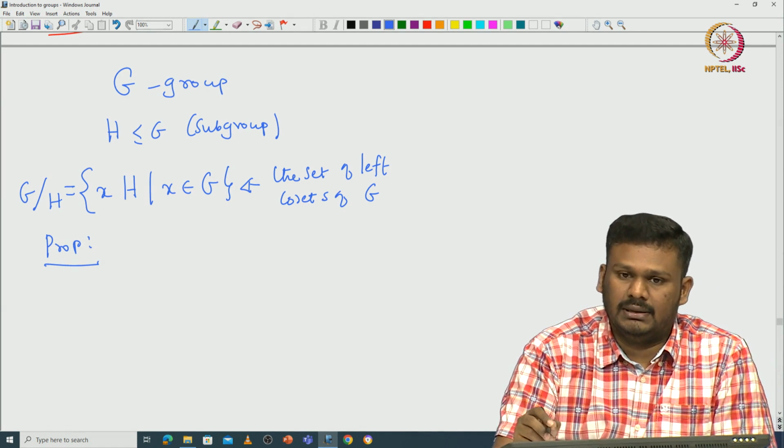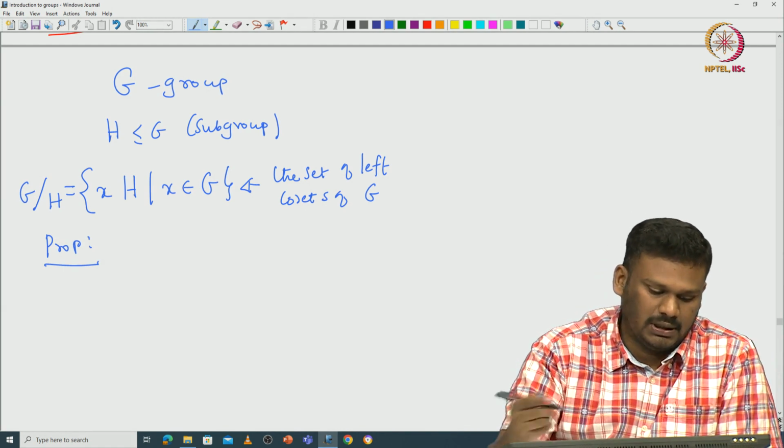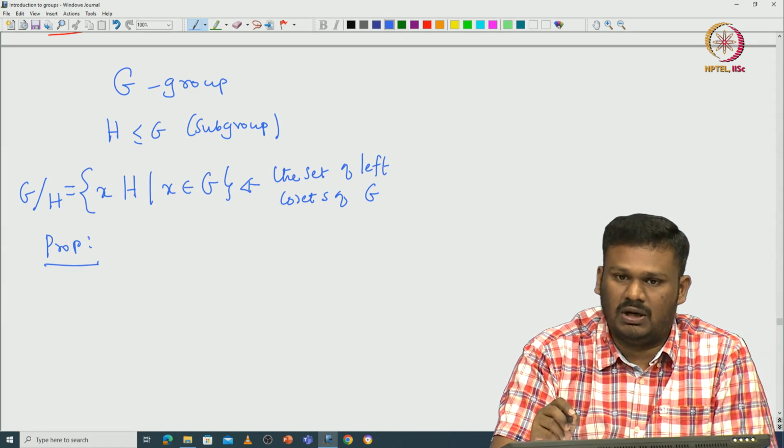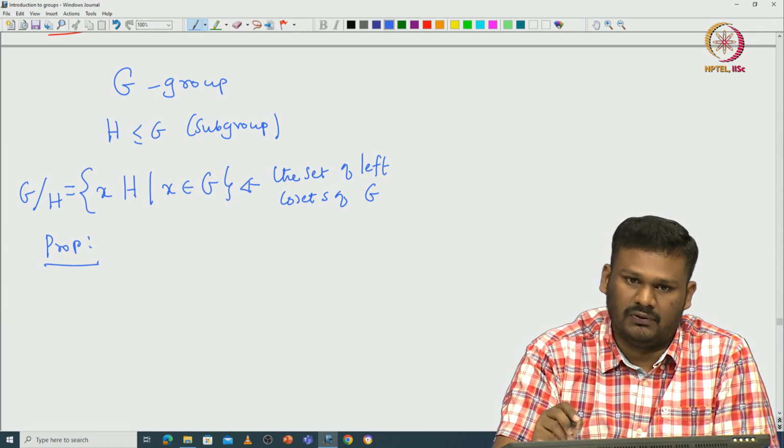Okay. And then it is customary to denote by the same G mod H the indexing set of this set of all left cosets.